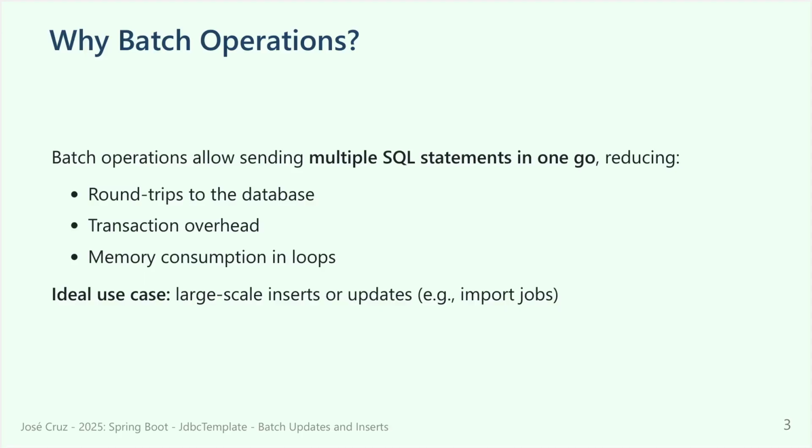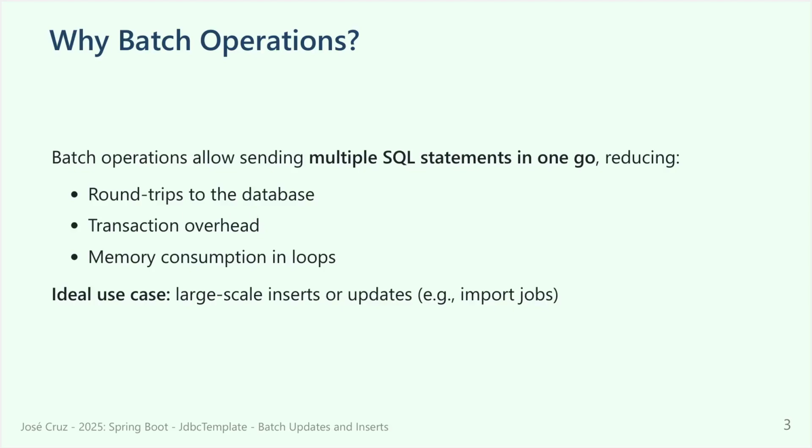One of the advantages is that it reduces the round trips to the database. One way is to do 1000 calls to insert 1000 rows in a table. Another way is to send one call to the database with 1000 rows. It's completely different, and the performance is completely different.